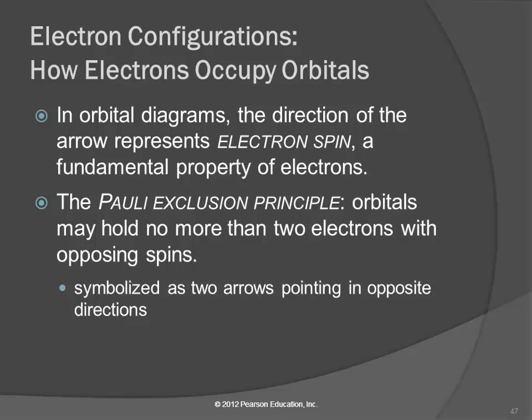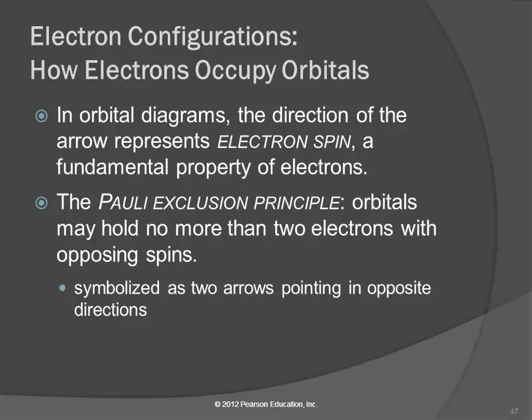It's a fundamental property of electrons that they spin. It's just to help you think about it. So don't go on and take advanced P-Chem classes and come back and say, you're wrong, they don't actually spin like that. It's just to help you understand. So just think of them as spinning. Some spin to the right, some spin to the left.